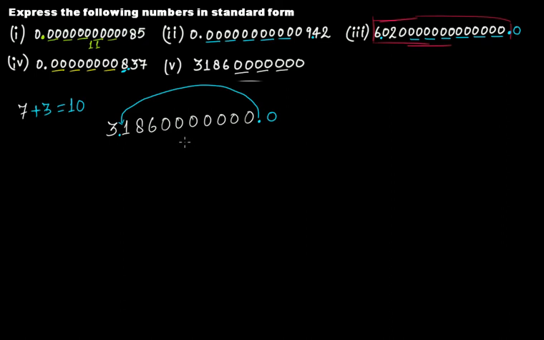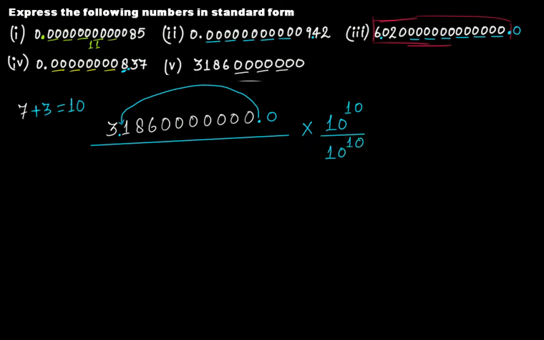So moving your decimal point towards the left by crossing over 10 digits actually means what? If you divide this number by 10 raised to the power of 10, that will move this decimal point from here to here. But in order to keep the original number, at the same time you have to multiply also. That is 10 raised to the power of 10 divided by 10 raised to the power of 10.